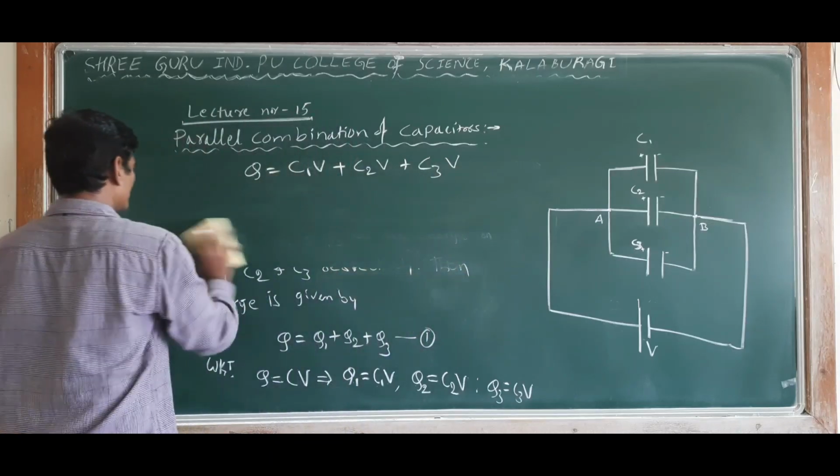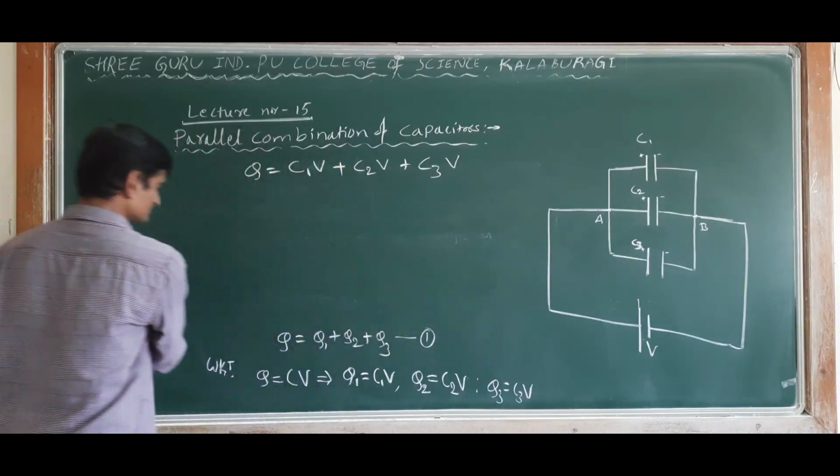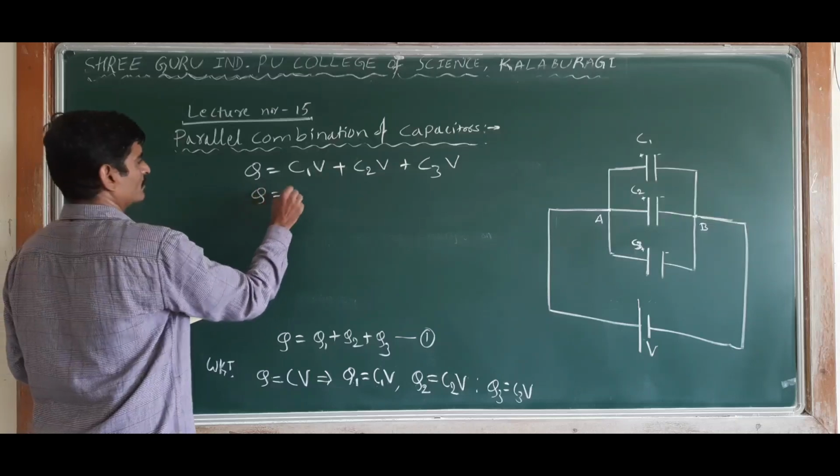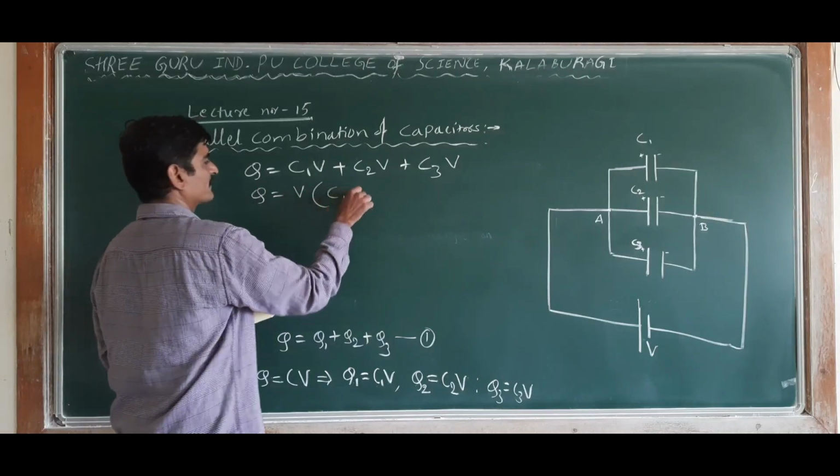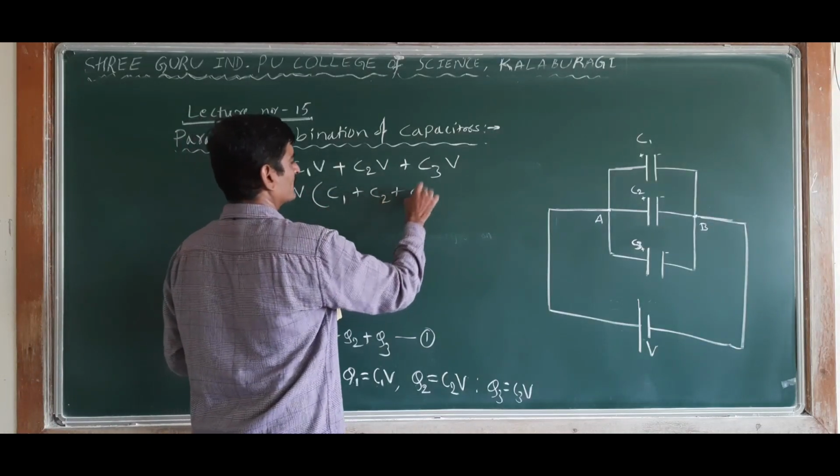Now V is taken common. So Q is equal to V times C1 plus C2 plus C3.